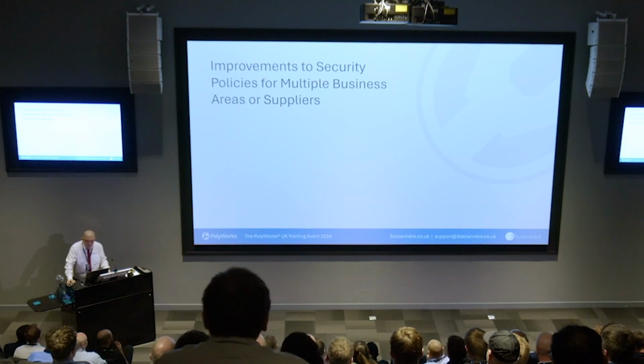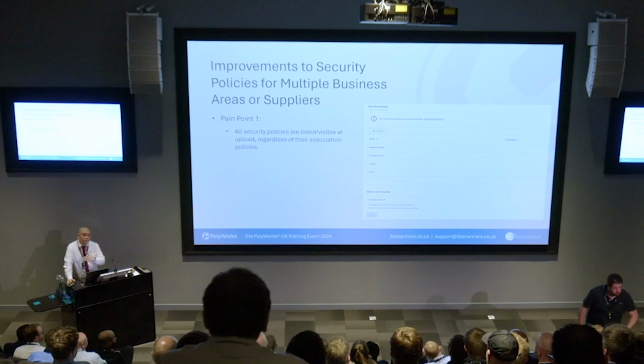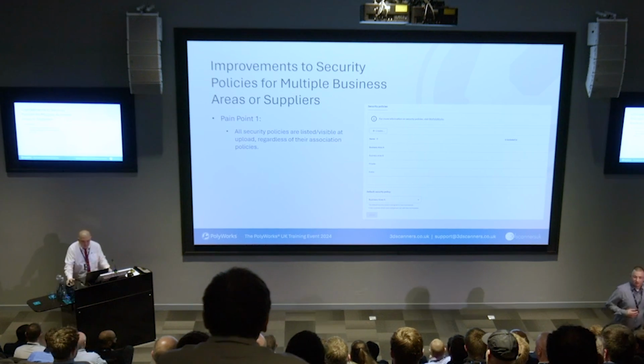So there are two main pain points from the previous implementation of the security policies. First of all, when you upload a brand new workspace, at the point of selecting which policy to apply it to, you could see the full list of policies that the company has created, even though you weren't part of any of those other policies.